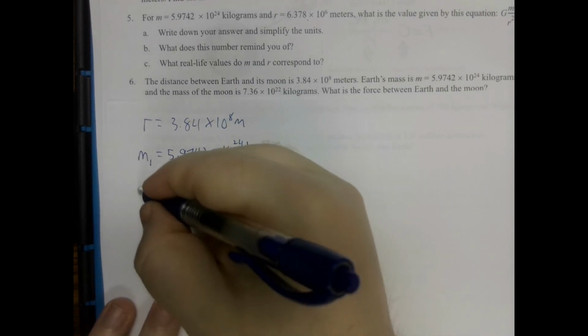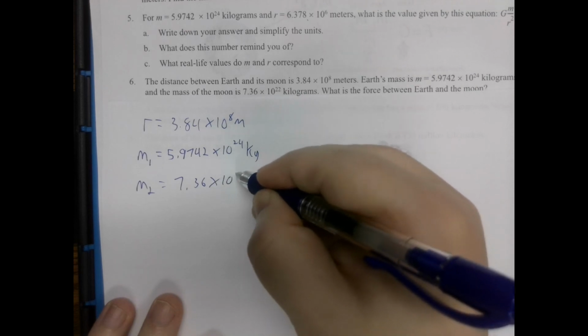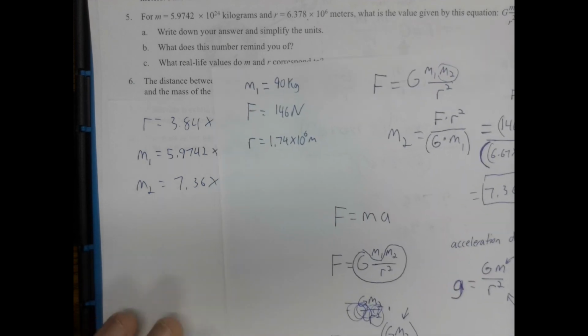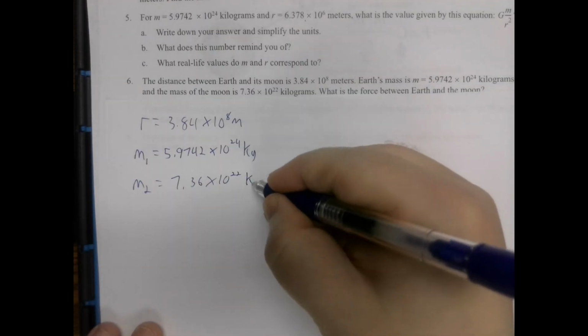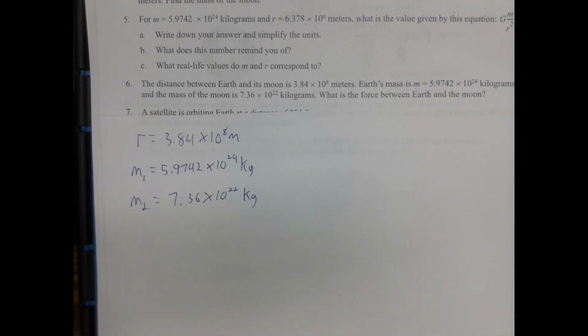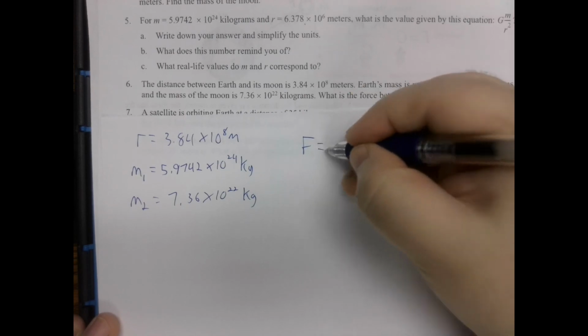And the mass of the moon is equal to 7.36 times 10 to the 22. And we ask, what is the force between Earth and the moon? How much force is exerted on the moon to keep it going in orbit? How much is the Earth pulling on the moon? So we can calculate that force.